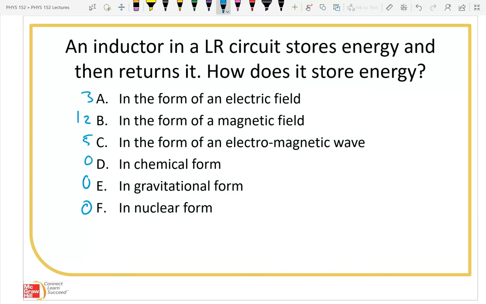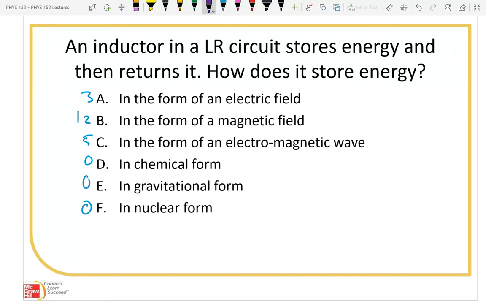Okay, Ashley, give us an explanation on this. I'm thinking that the magnetic field is right. It's not what I put.